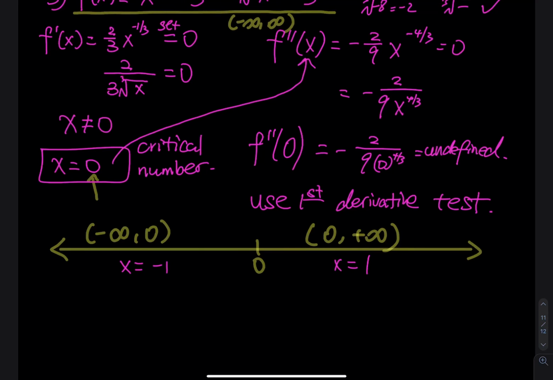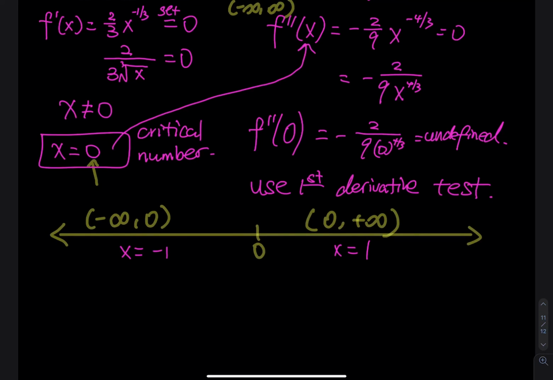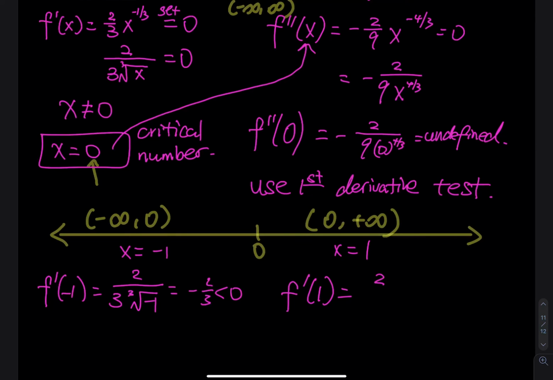Since we are using the first derivative, we plug the test values into the first derivative. For -1, that is 2 divided by 3 times the cube root of -1, which equals -2/3. That is less than 0. And then f prime of 1 is 2 divided by 3 times the cube root of 1, that is 2/3. This is greater than 0.